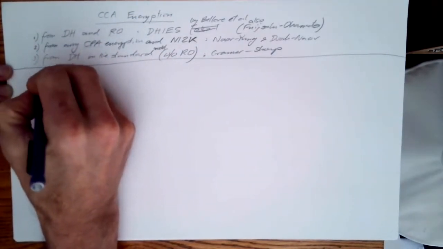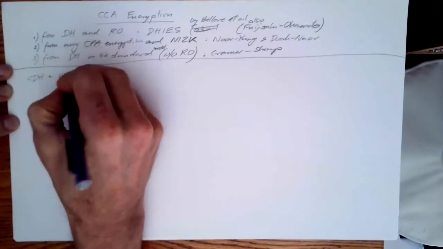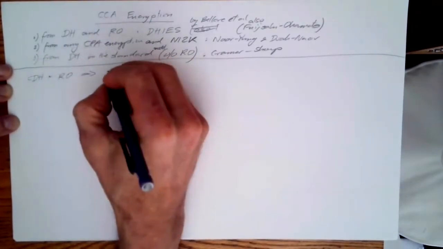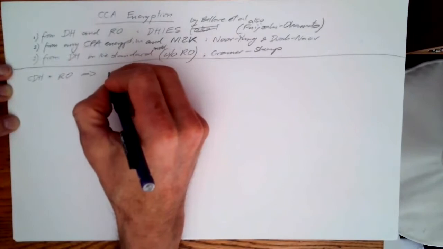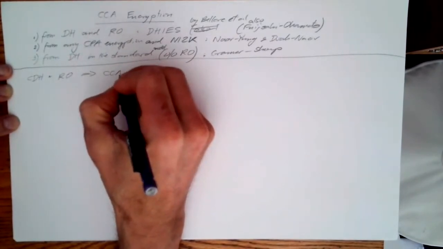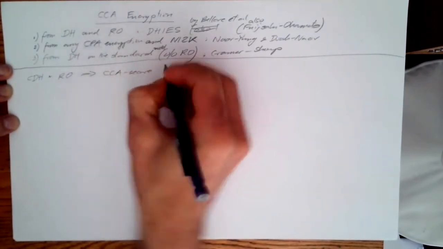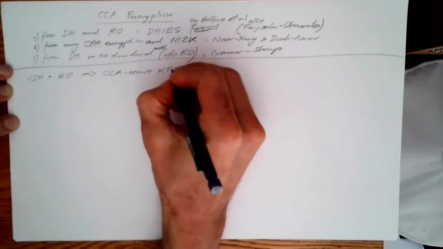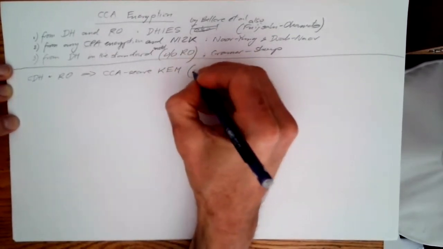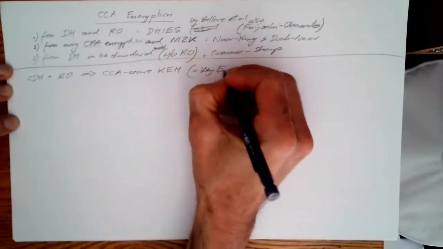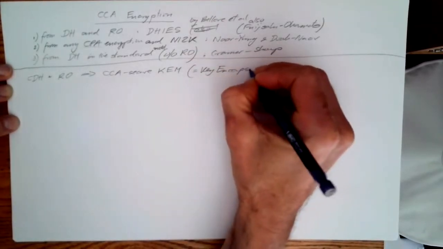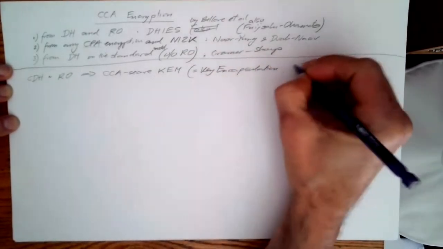Computational Diffie-Hellman and random oracle imply CCA secure KEM. So this stands for key encapsulation mechanism.